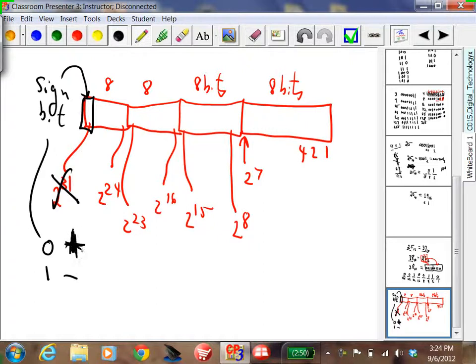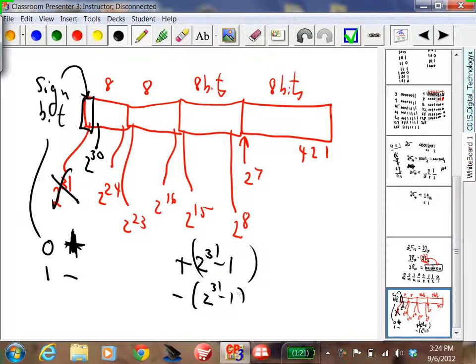So actually, this is 2 to the 30th. So we can store numbers up to plus 2 to the 31 minus 1, and then minus 2 to the 31 minus 1.